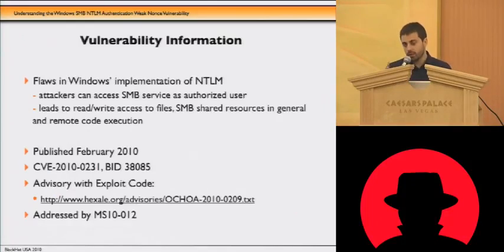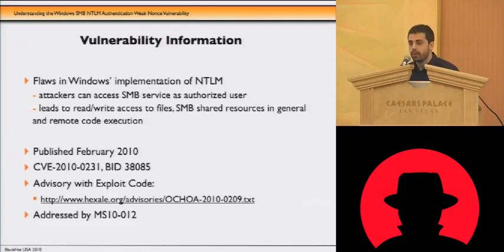Basically, this vulnerability is not just one vulnerability, but consists of a series of flaws in the way that Windows implemented the NTLM authentication protocol. An attacker that can exploit these flaws can access the SMB service without any kind of credentials, and once he has done that, he can gain read-write access to files, can gain access to any kind of resource that is being shared using SMB, and also execute code remotely by using DCE RPC over SMB.